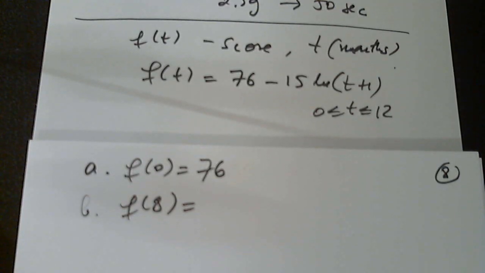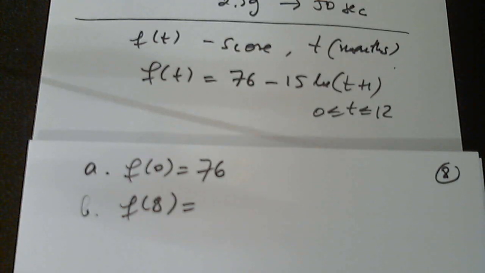So of course, you know what I'm going to do. I'm not going to calculate one by one. I'm going to put in y equals. I'm going to enter 76 minus natural log of x plus 1 and close. And there is a 15, sorry, there is a 15 in front of it.